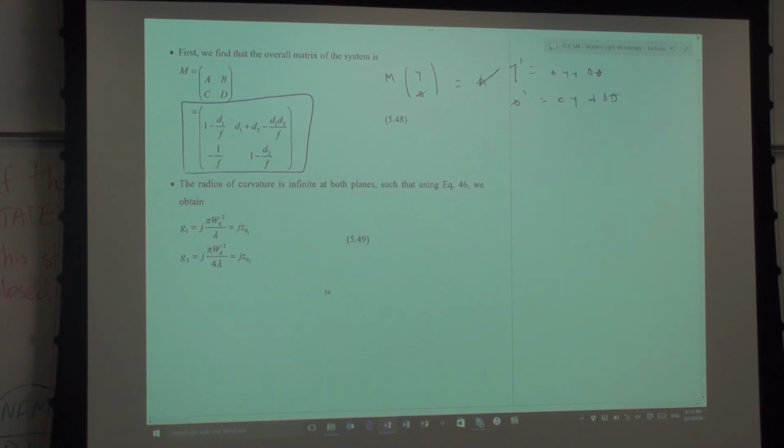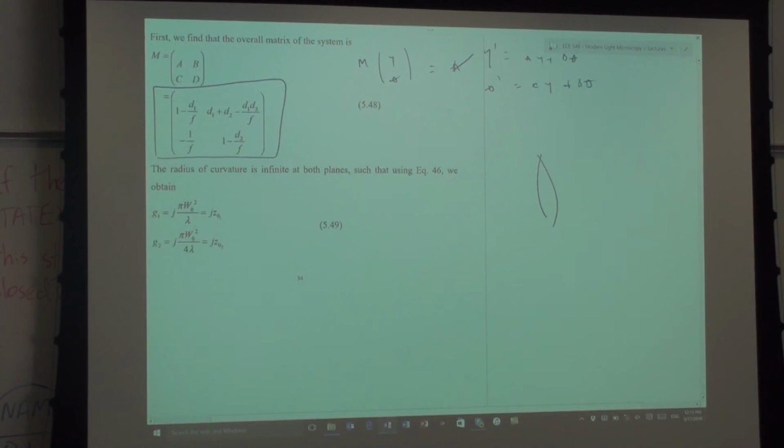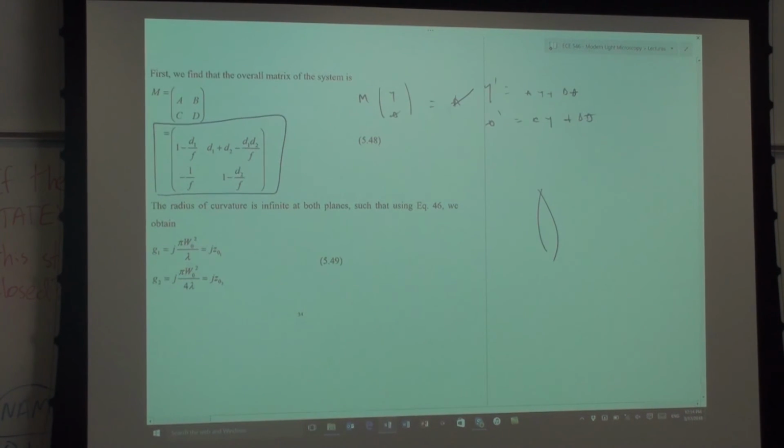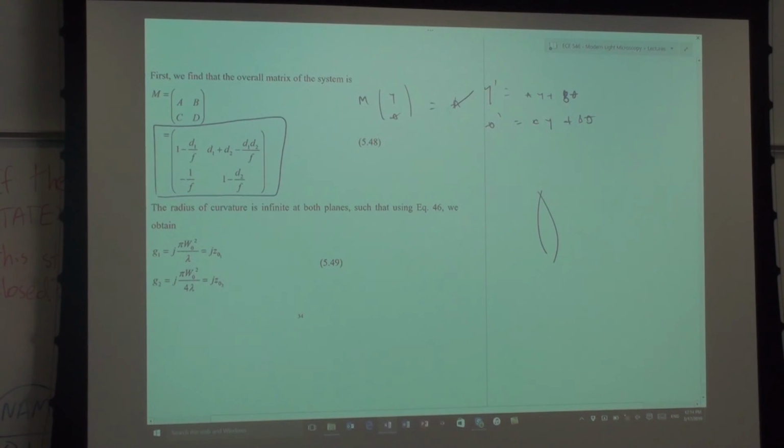What is the condition for imaging? For any theta, y is the same. There we go. So here's the condition for imaging.